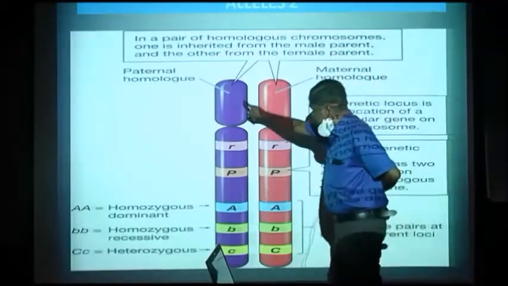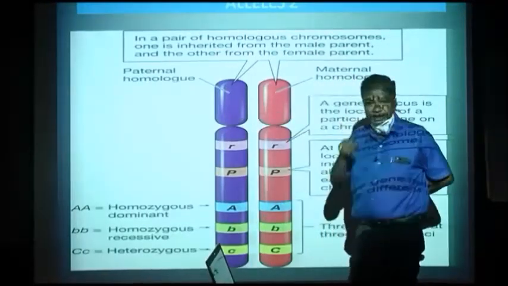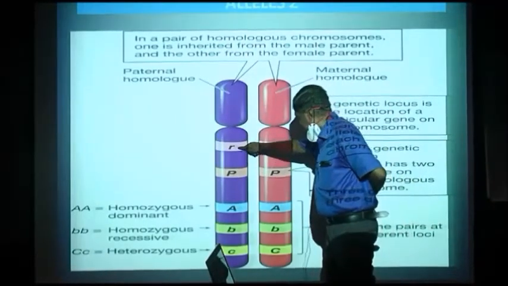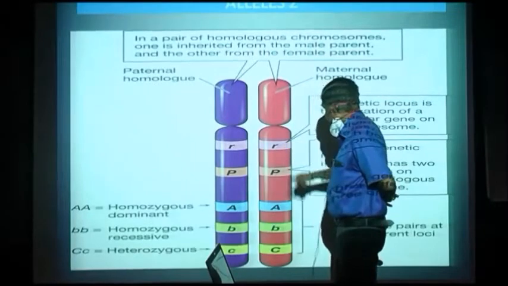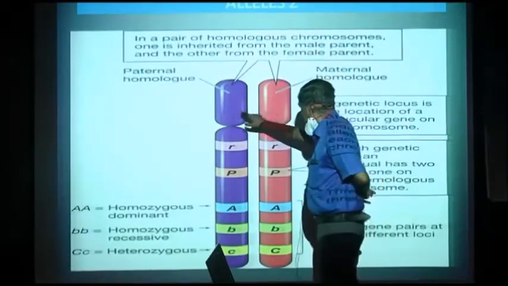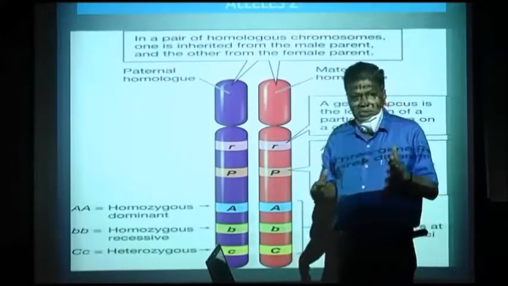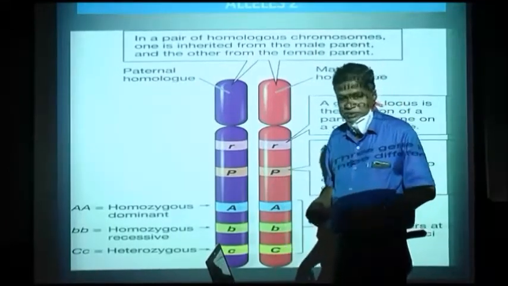Here this is a chromosome. In this chromosome, this portion has R and this is also R. This is a pair of chromosomes. You know that human beings have 23 pairs of chromosomes.